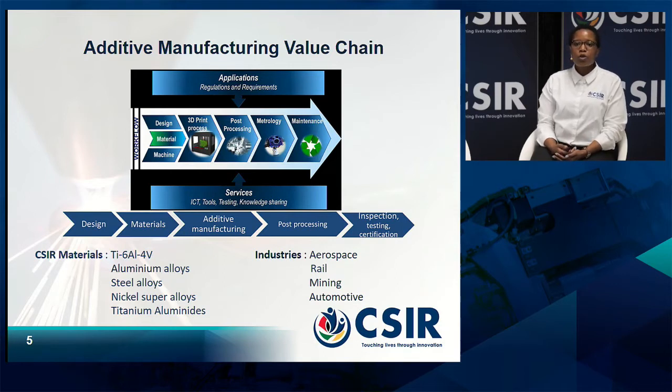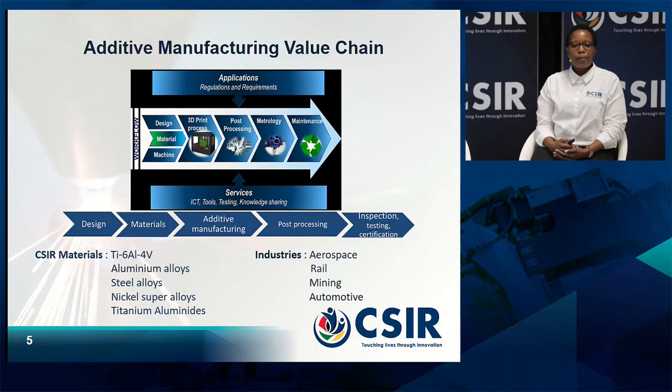And then the third part is the actual printing, 3D printing or additive manufacturing, when one looks at the machines that are currently available, the capabilities of the machines, and what the requirements are for the 3D printing of the part. After printing the part, because additive manufacturing is a near-net shape process, due to the melting process, you find that you do have rough surfaces sometimes which are not ideal for different applications, or you have properties that are not ideal, and you also have residual stresses that are built in due to the heating and cooling process.